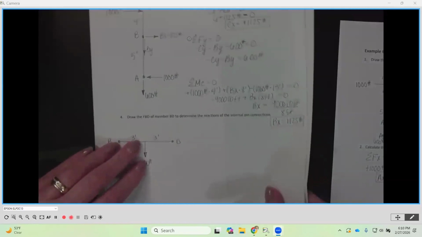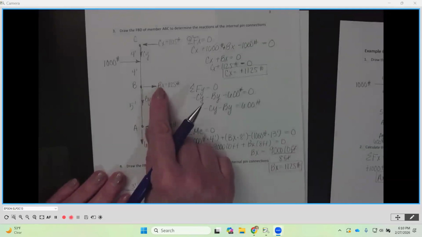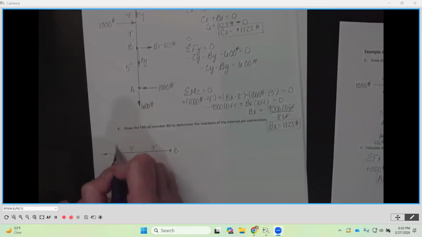So since we assumed and we confirmed that Bx was going to the right on member ABC, we are now going to change the direction and it is going to go to the left on member BD. Okay, so this is going to be Bx going to the left.